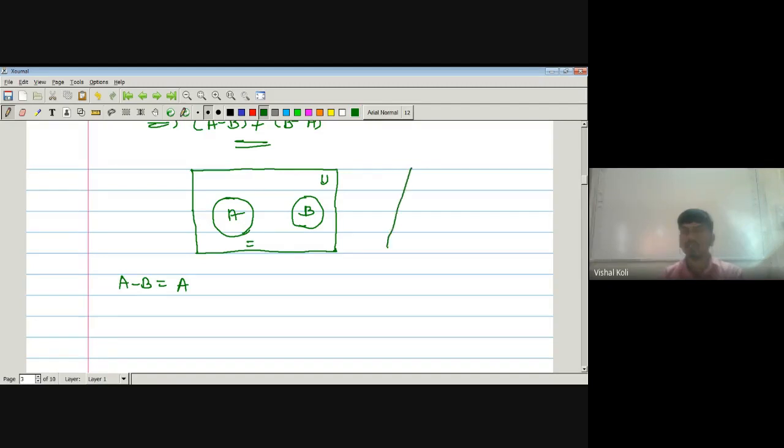But in case there are some elements common between the two sets A and B, then this will be U, this one is A and this one is B. So we will draw it once again.